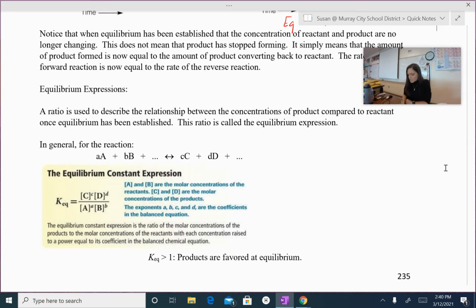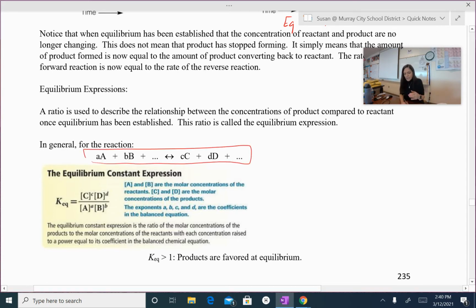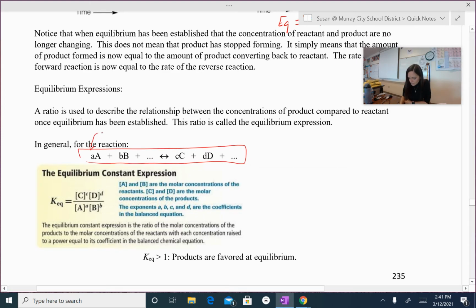So here's our general reaction. The lowercase letters are our coefficients, okay? So these are our coefficients. And the uppercase letters are the molecules or atoms, or they're the formula of what's being reacted, okay?